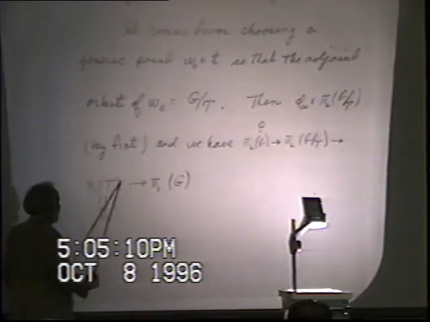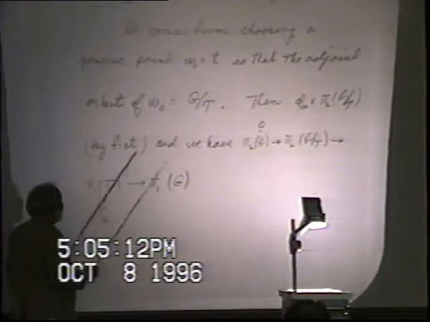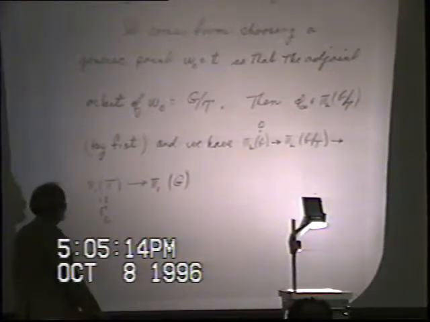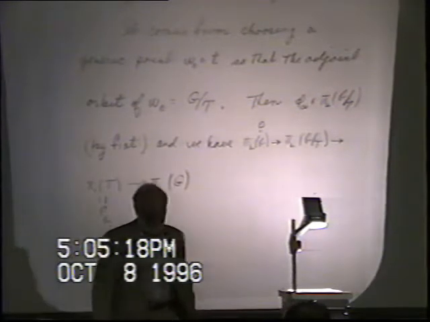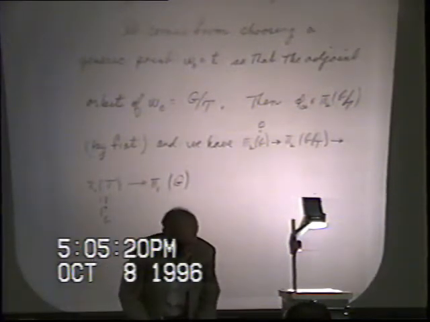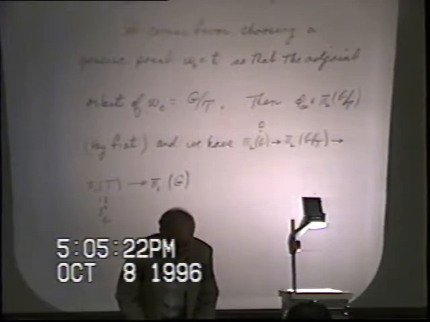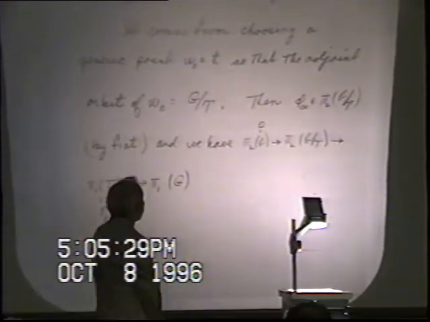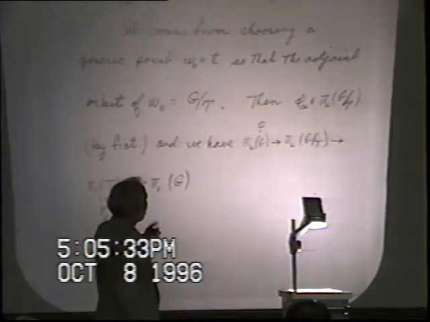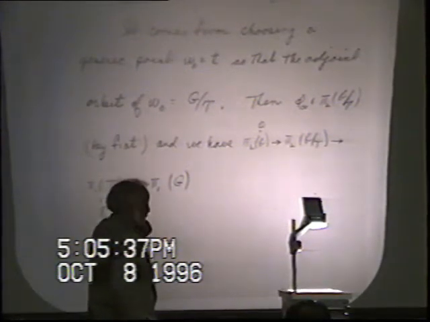Of course, if G is not simply connected, life is a little more complicated, but I won't bother with that now. So magnetic charge, up to this factor g, is just an element in this lattice.